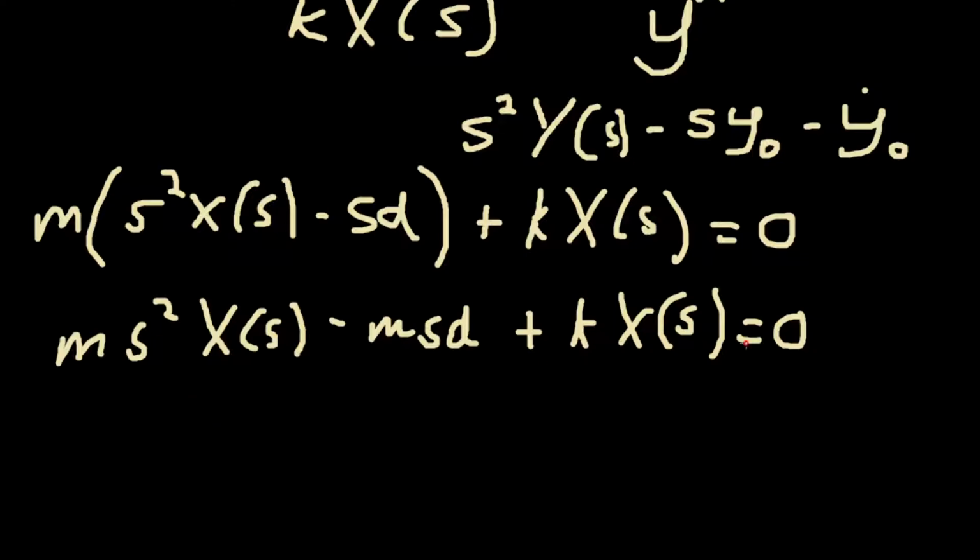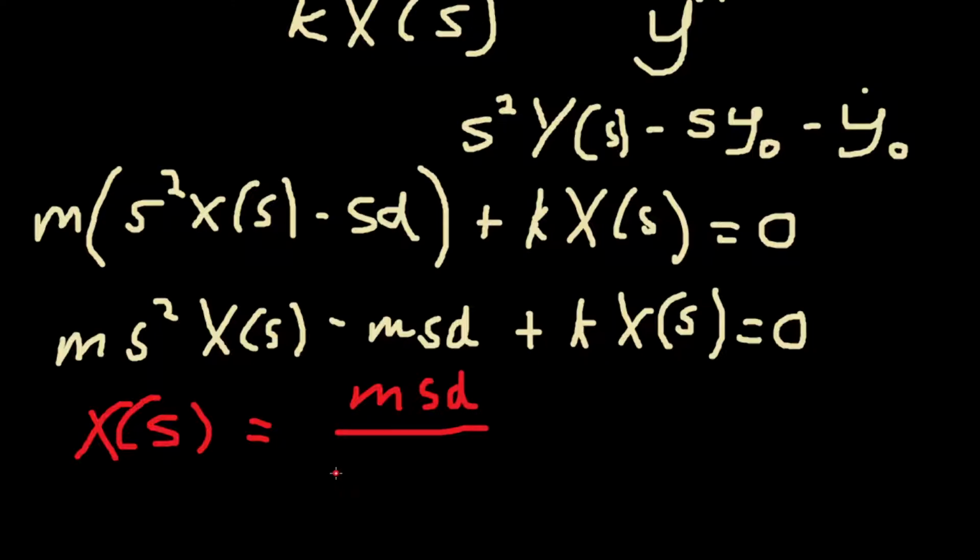We can factor out the X of s from these two terms and move this to the other side. We get that the Laplace transform of x with respect to s is just msd over m s squared plus k.